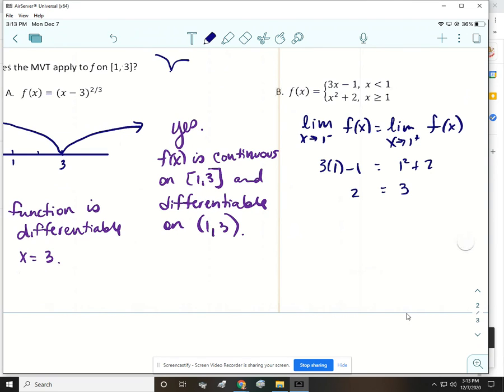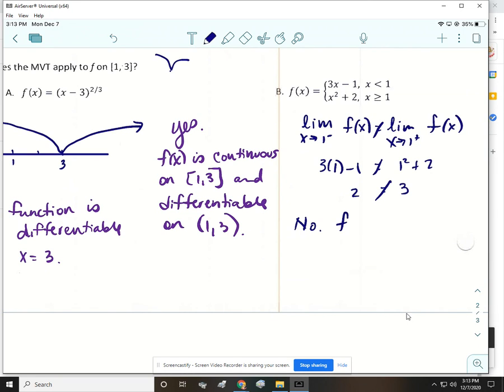They obviously are not equal, so we would say no. And that's at an endpoint. 1 is an endpoint, but that still matters. If we're not continuous at the endpoint, then the mean value theorem is not applicable.